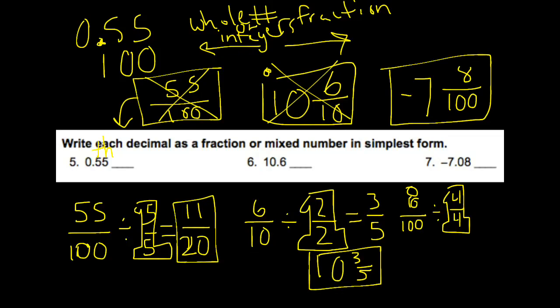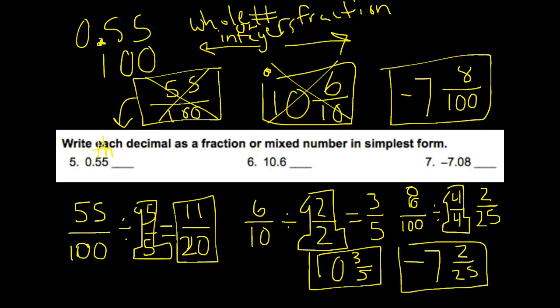So 8 divided by 4 is 2, and 100 divided by 4 is 25. So my answer is -7 and 2 over 25. And I'm going to box in my answer, put an X through this one, and I got it.